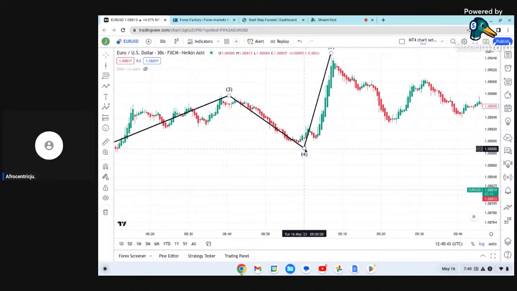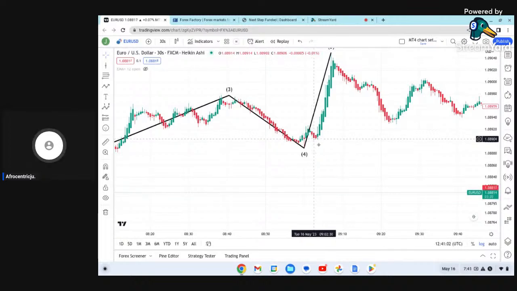So to be safe, somebody could have put a stop loss here, and then they would have gotten the buy. You had some drawdown, but really no drawdown, because after this point, sales came in, projected back up, and took out the high.